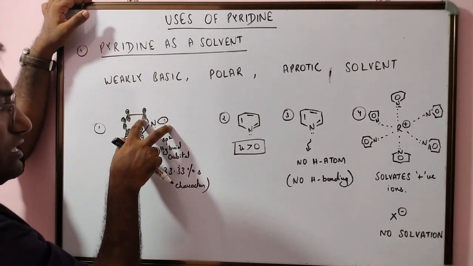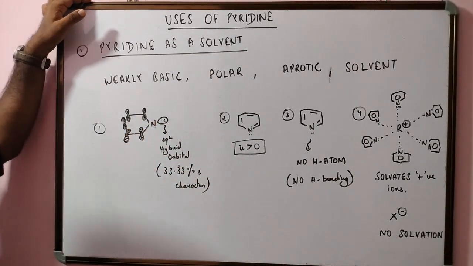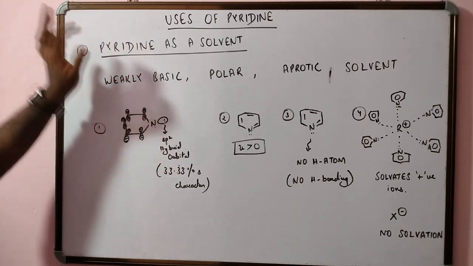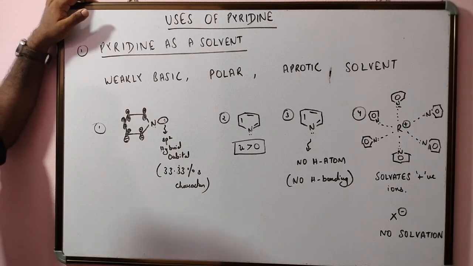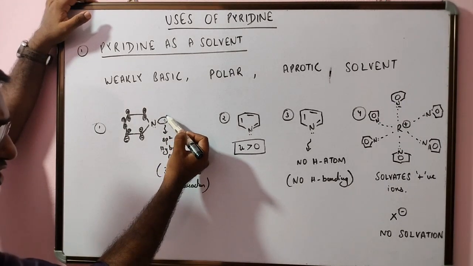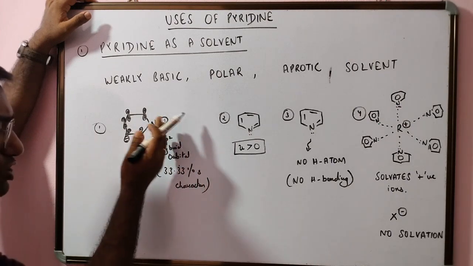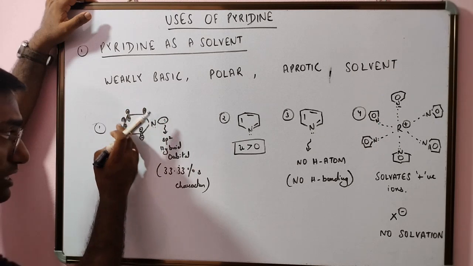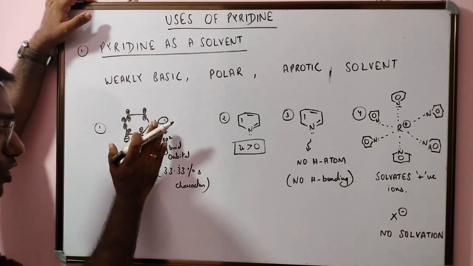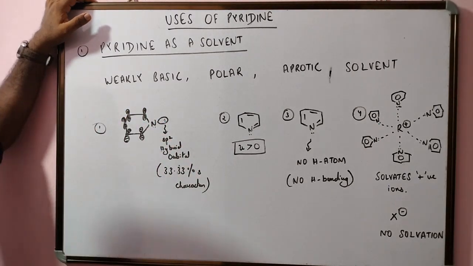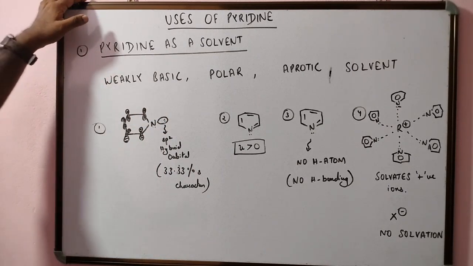That is to say that the overlapping of these two orbitals is not possible. In other words, the electrons in the sp2 hybrid orbital cannot take part in the delocalization or the aromaticity of the pyridine ring.